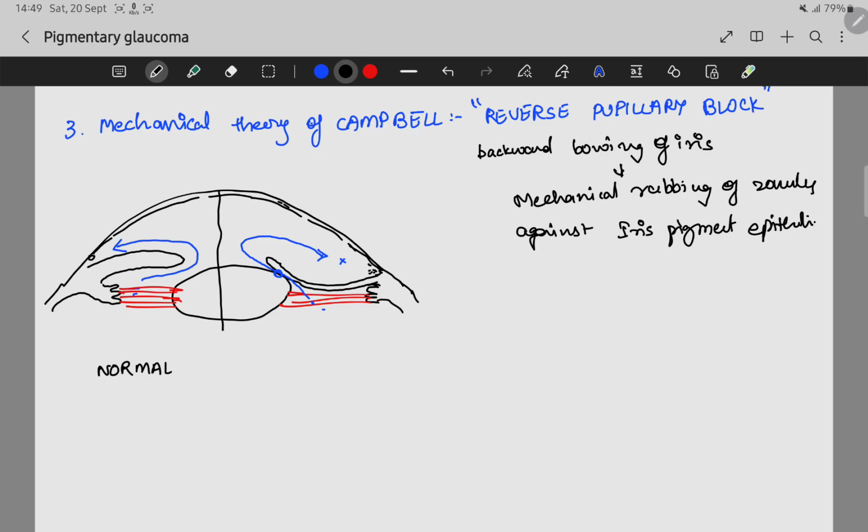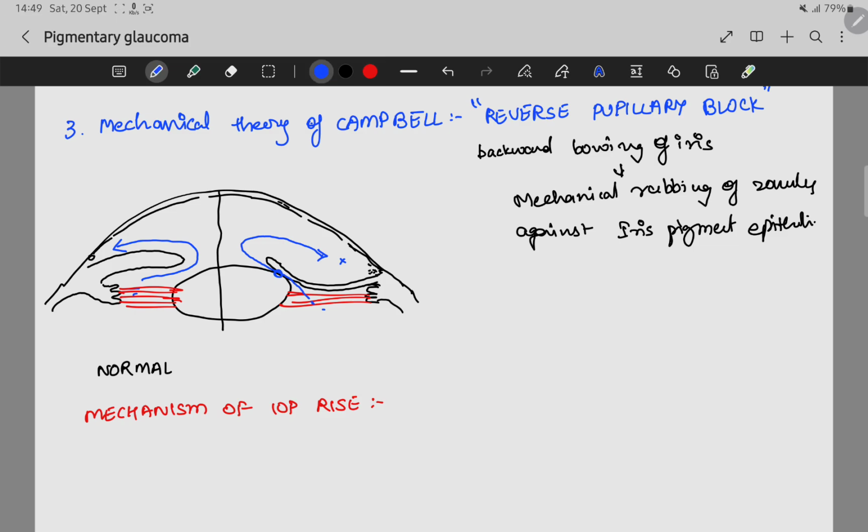Now coming to mechanism of IOP rise. This is the mechanism of pigment dispersion. Understood? So because of this backward moving of iris, there is rubbing of these zonules against the iris pigment epithelium.